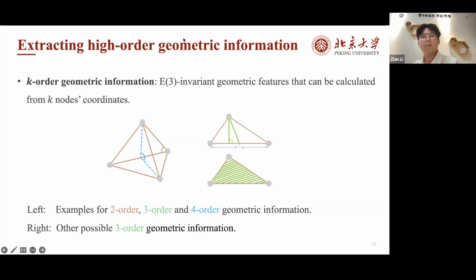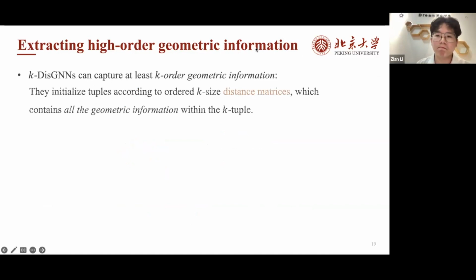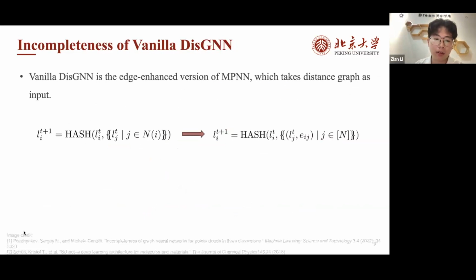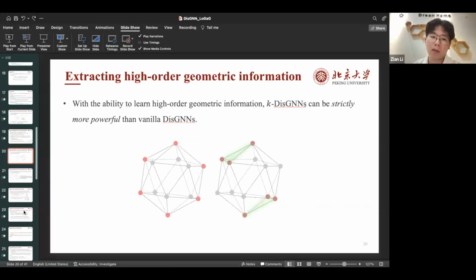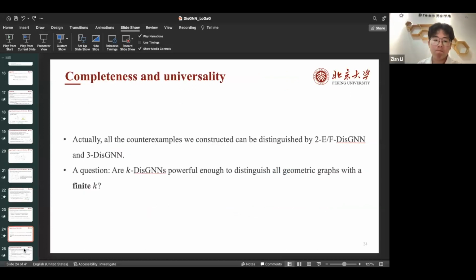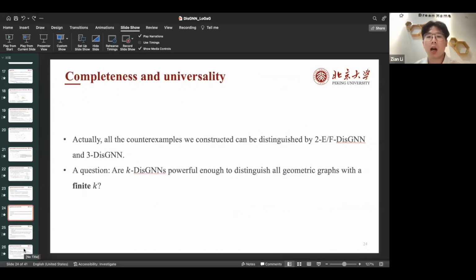Yeah, in theory, it does not need to be very high, as we showed in our theorem. It only needs to be 2 to achieve completeness, regardless of the size of molecules. If you always fit them into the complete distance matrix, they can always distinguish, because they can reconstruct the whole geometric structure from the output.